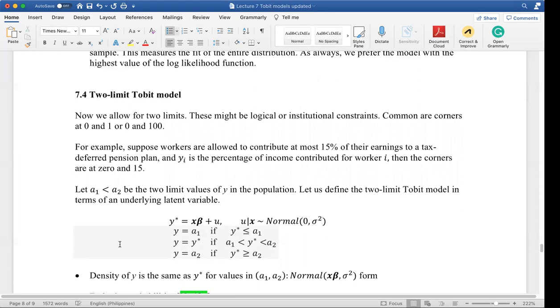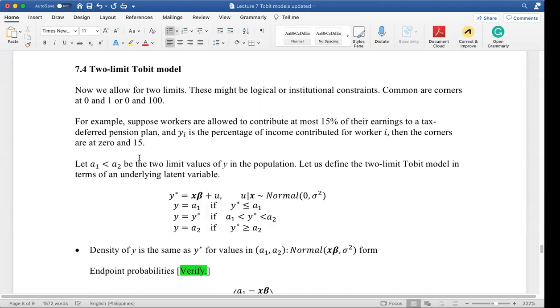I think like for the SSS, the private pension plan, beyond a certain level of income, there is a cap on how much you contribute to the Social Security Fund. Okay. So let us have the limits a1 and a2. a1 would be the lower limit, a2 would be the upper limit.